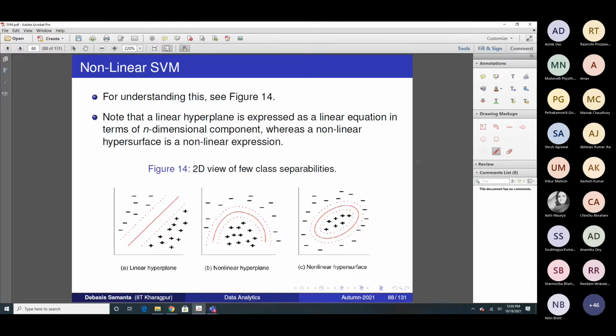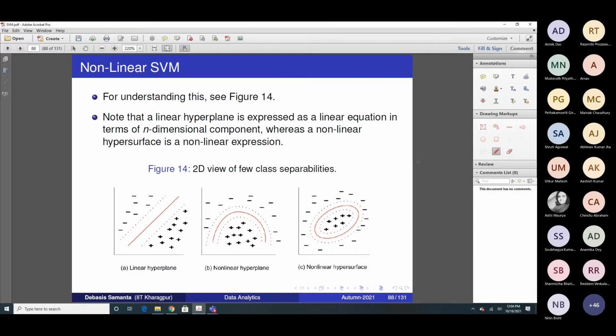So here the idea is that for the data which are not linearly separable, for that data also we can think about a hyperplane. As you know, the hyperplane is the key point which is used to divide the data belonging to two different classes. In case of nonlinear data, the hyperplane required is a nonlinear hyperplane.